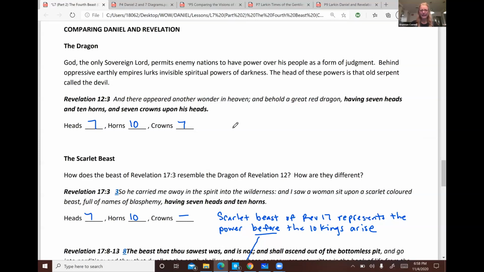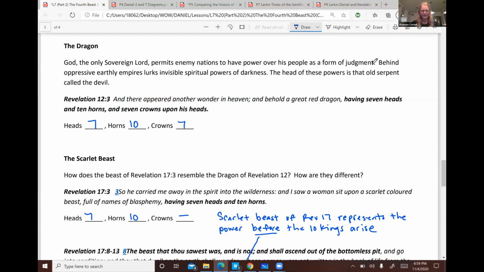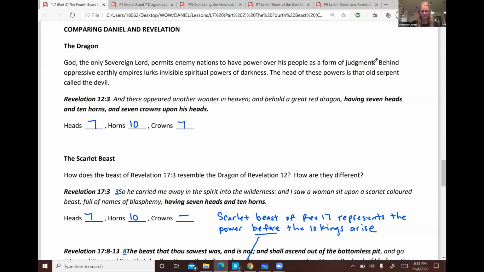Comparing Daniel and Revelation. In Revelation 12, we read about the dragon, that old serpent, the original serpent from the garden, the devil himself. He's described as a dragon. Now, what we have to remember as we're reading about all of these empires is that God, the only sovereign, permits enemy nations to have power over his people as a form of judgment.